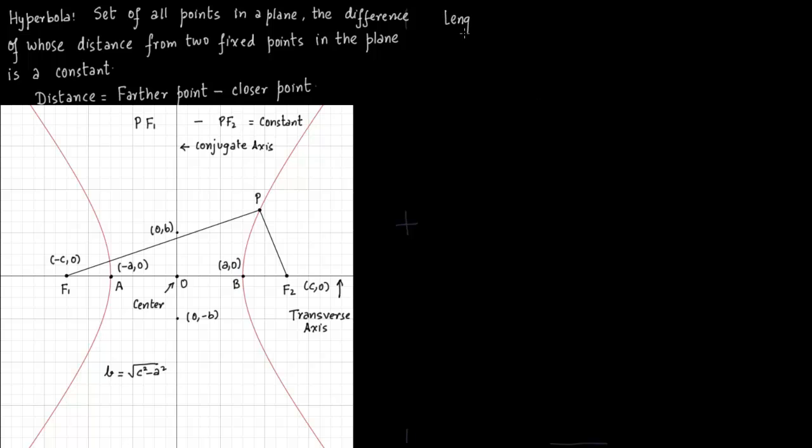In ellipse, c squared is a squared minus b squared. So the length of the conjugate axis is defined as 2b, going from (0, b) to (0, -b).